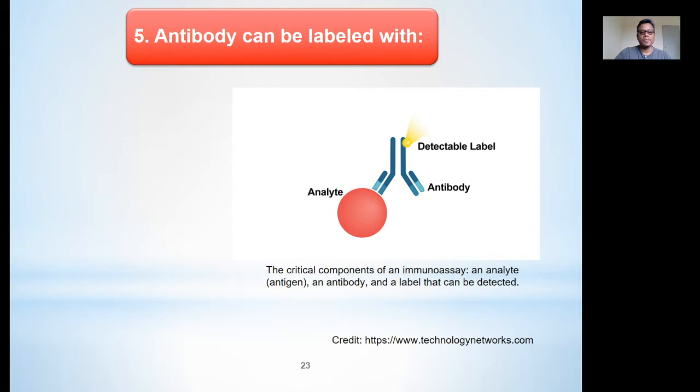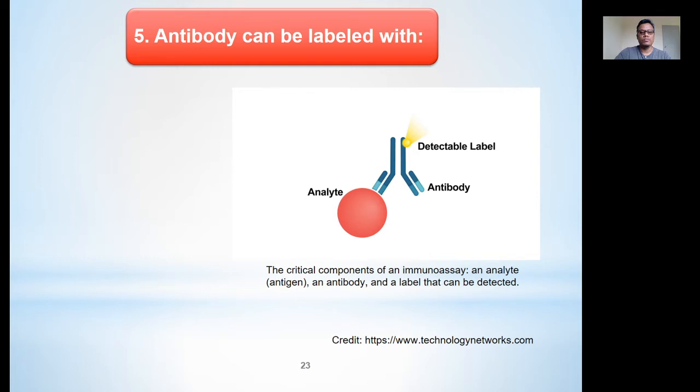But if the reaction only happens in a very little amount, or maybe a single reaction between one antigen and one antibody, there is no way that we can detect them using a normal method of observation by naked eye or microscopically.